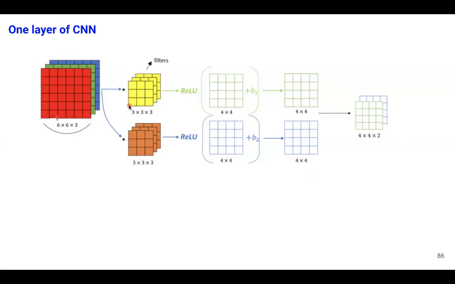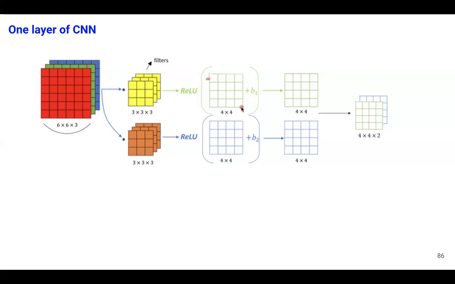Let's say we have decided to use 2 filters, 3 cross 3 cross 3, and the other one has the same dimension. Then we get a 4 cross 4 output from this filter, and another 4 cross 4 output from this filter. Next, we add a bias term.